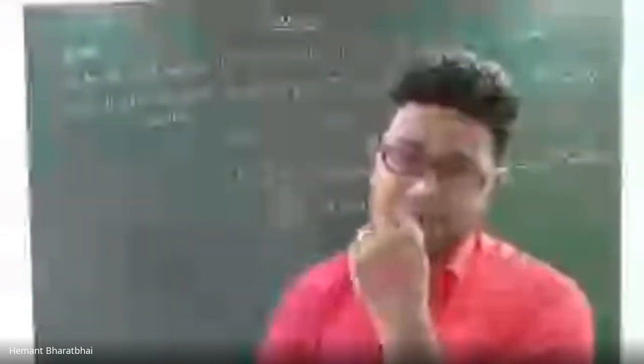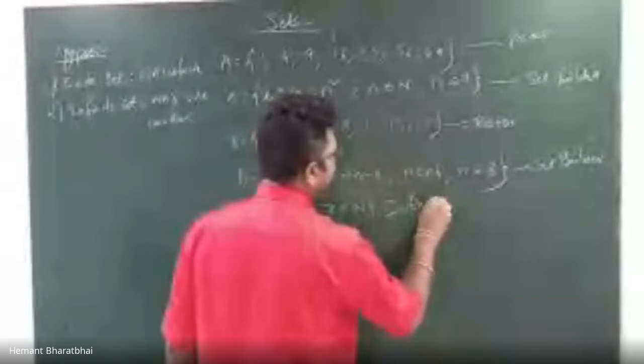Now I will start counting 1, 2, 3, 4, 5, 6, and I can go up till crores and then billions and trillions, and I can keep on counting till I reach infinity. Therefore, these are countless numbers. You cannot count them. So this is an infinite set. This becomes an example of an infinite set, and these two are examples of finite sets.